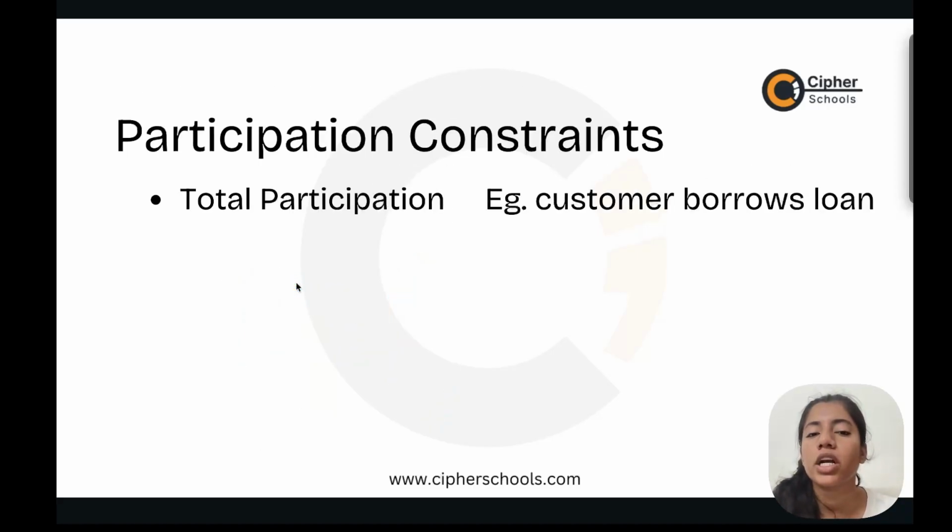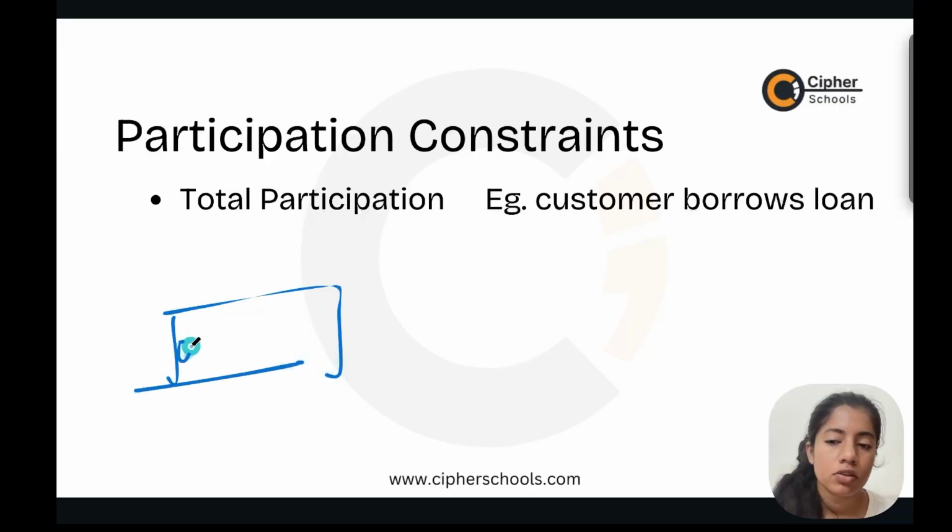Let us talk about participation constraints. Take the example of customer borrows loans. There are some customers in a bank.